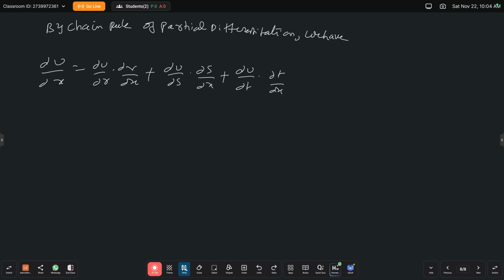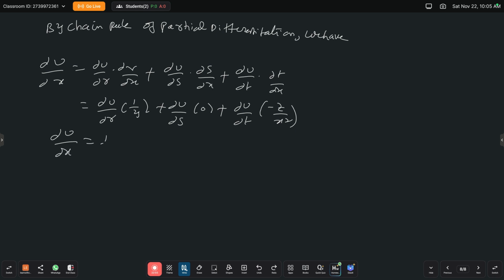Now substituting the values of dou r by dou x, dou s by dou x and dou t by dou x: dou u by dou r into 1 by y plus dou u by dou s into 0 plus dou u by dou t into minus z by x square. Now the result is that dou u by dou x equals 1 by y dou u by dou r minus z by x square dou u by dou t.